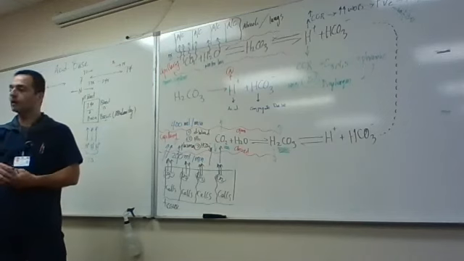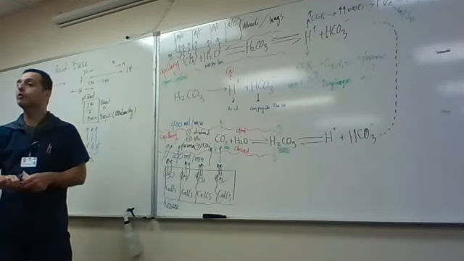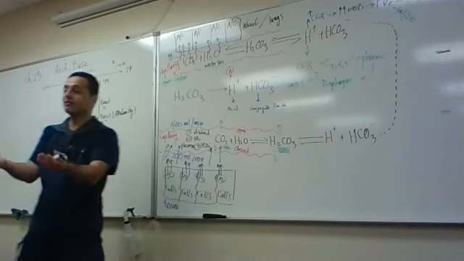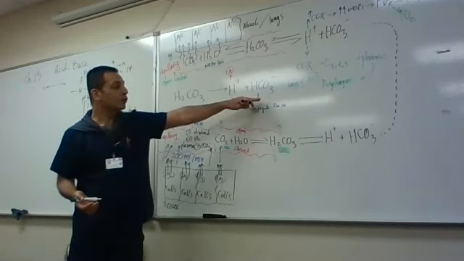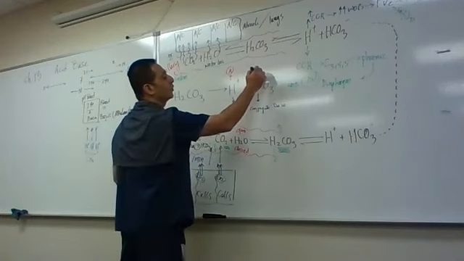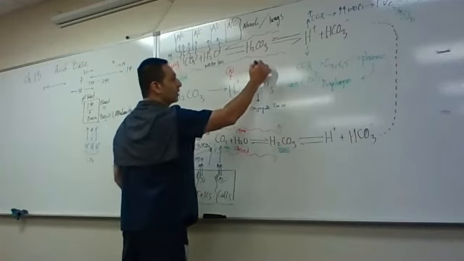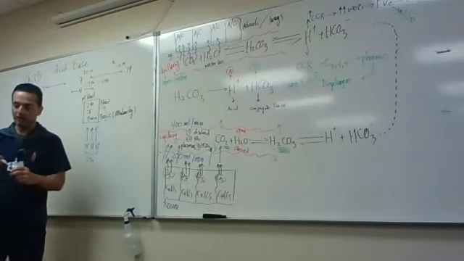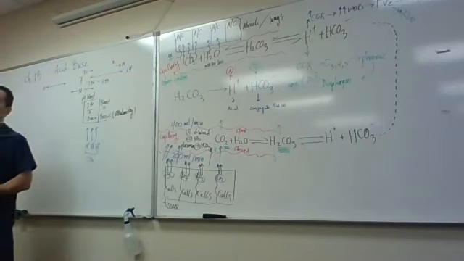In order for the body to compensate, to become neutralized, to get to a normal level, what do you need to do with your conjugate base? You need to go up on the conjugate base also to keep it in check. That's what they're explaining.